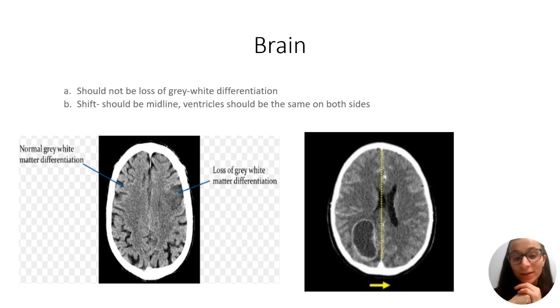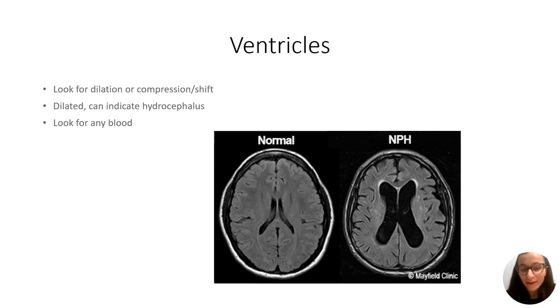What I like to do is open up to the ventricles and make an imaginary line straight down, and then you'll see the ventricles on both sides perfectly, as shown in the picture below.